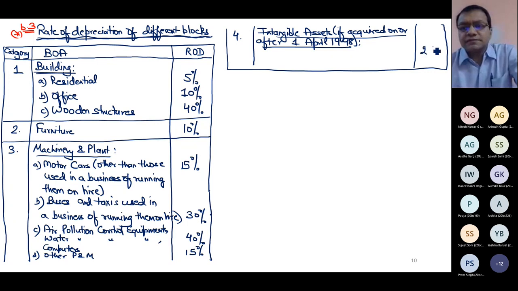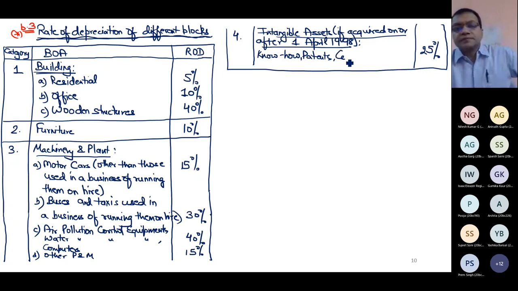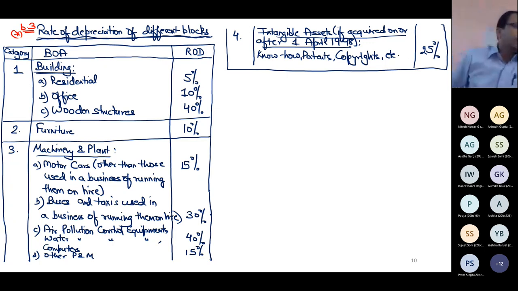Flat 25%. Know-how, patent, copyright, etc. So still the computing of depreciation is going on. That's it. These 3 points you must note.